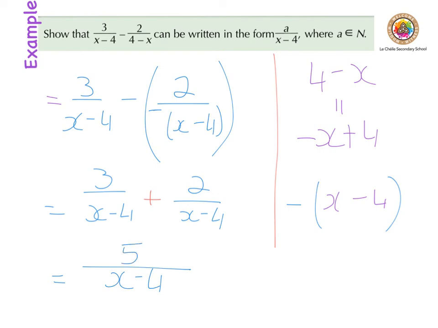And very quickly I can see I have completed the request. I have any number where a was a natural number, so 1, 2, 3, 4, 5 and so on, over x minus 4, which is exactly what I have. So I've shown. So anytime I'm asked to show something and I do show it, I can write QED, quite easily done at the end.